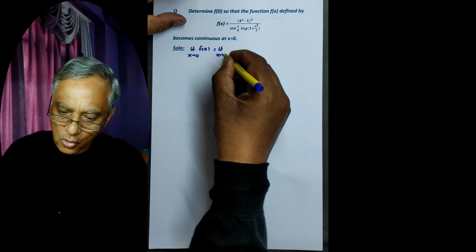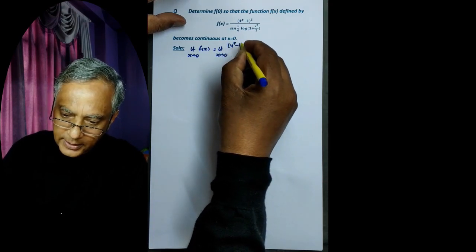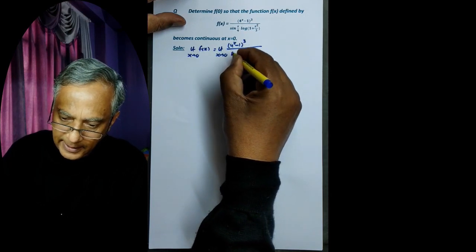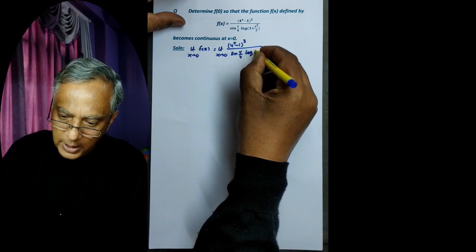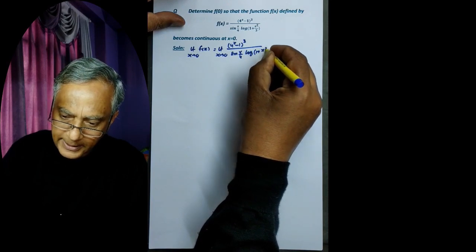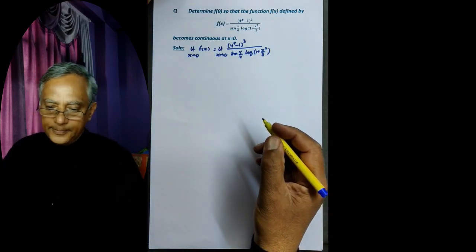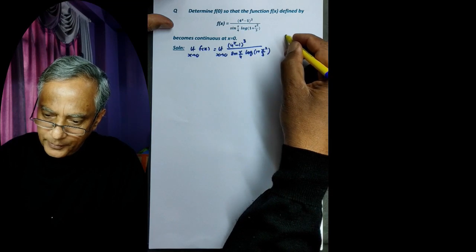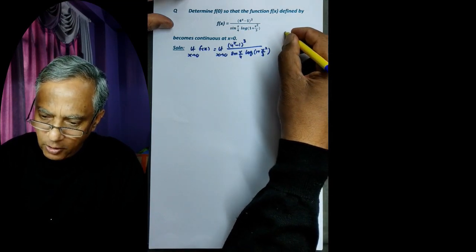This is equal to limit x approaches 0 of (4 to the power x minus 1) whole cube divided by sine x by 4 into log of 1 plus x square by 3. Now in this question, we will be using these three formulae.